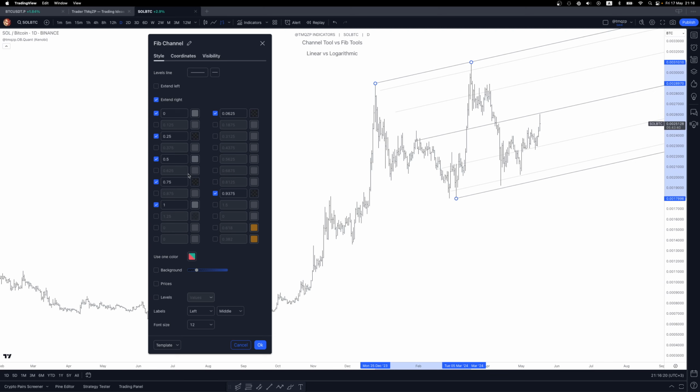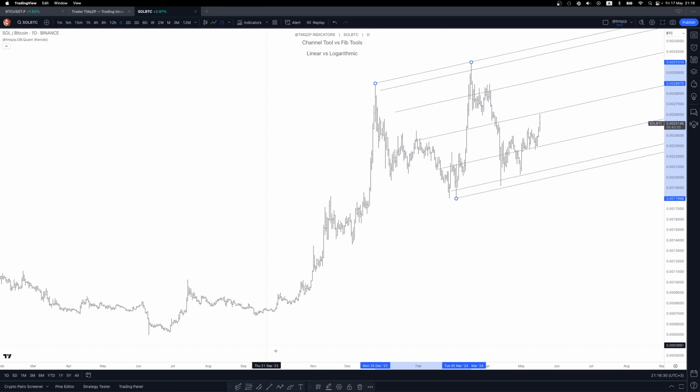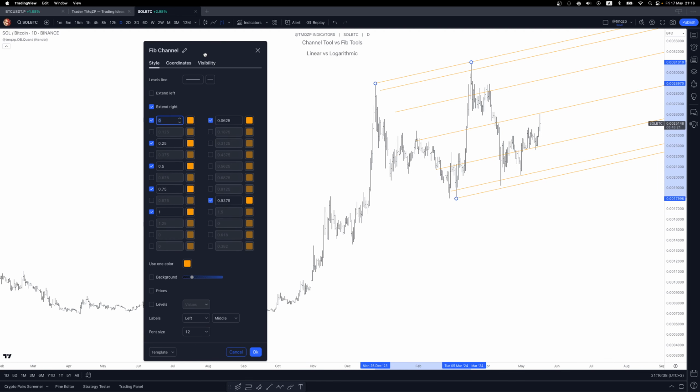You can mix and match different colors together. But if you take this color and pick one, they all change, everything at once from here as well. I can just turn this whole thing orange in one click. There we go. No bullshit that I have to go in and change them one by one individually. If you want to simulate the channel, all you need is the 0, the 0.5, and the 1.